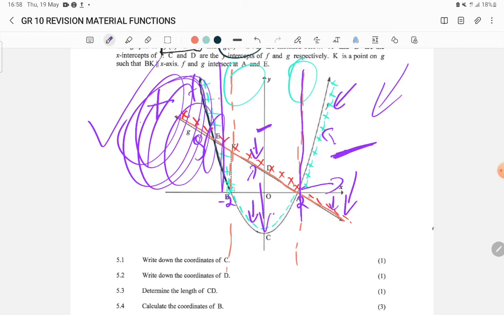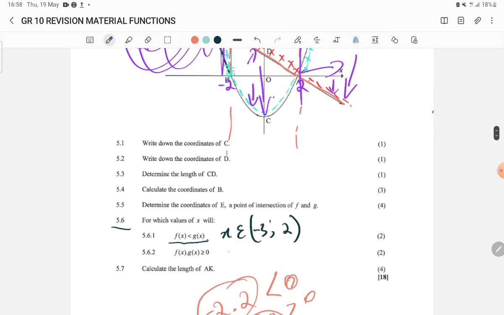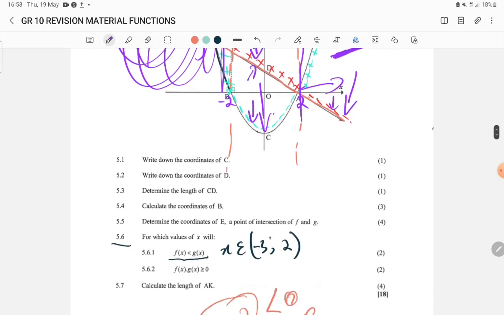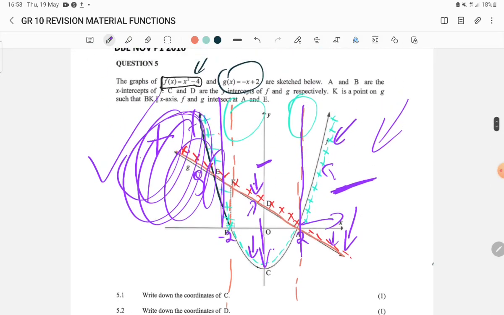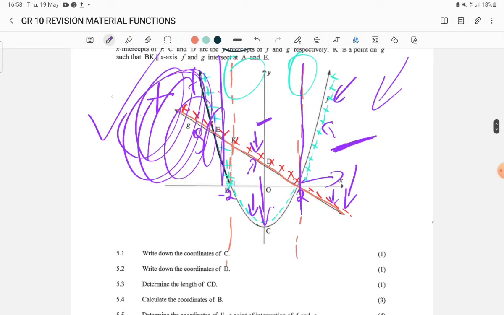Now we want the values of x where the product of these two functions gives us a positive, because once you have greater than or equal to 0, we are talking about a positive value. The positive value is only found on this interval, which is before negative 2.